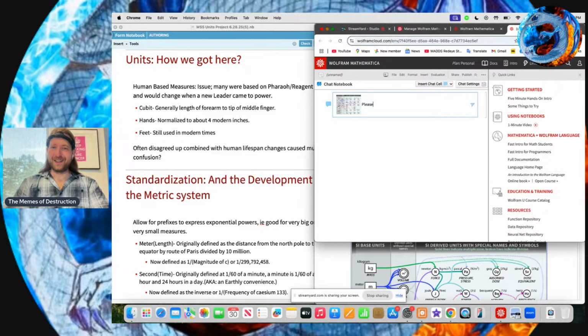All right, please analyze this picture of SI relationships and their SI base units and their relationships.